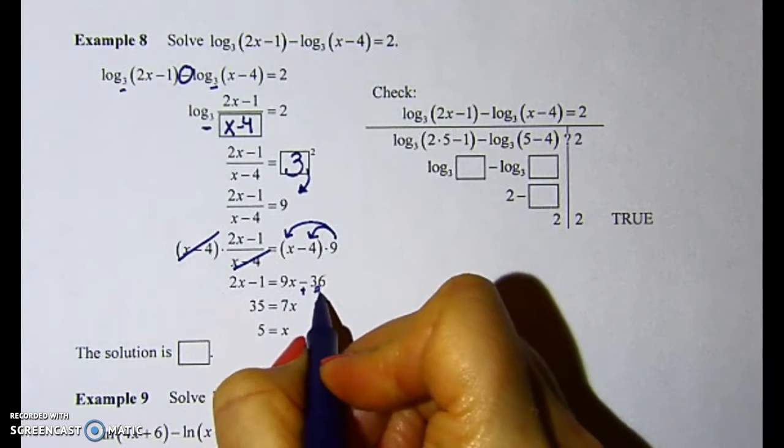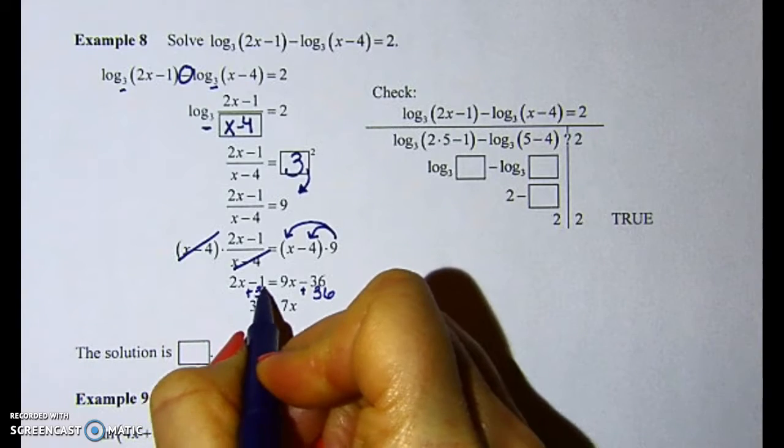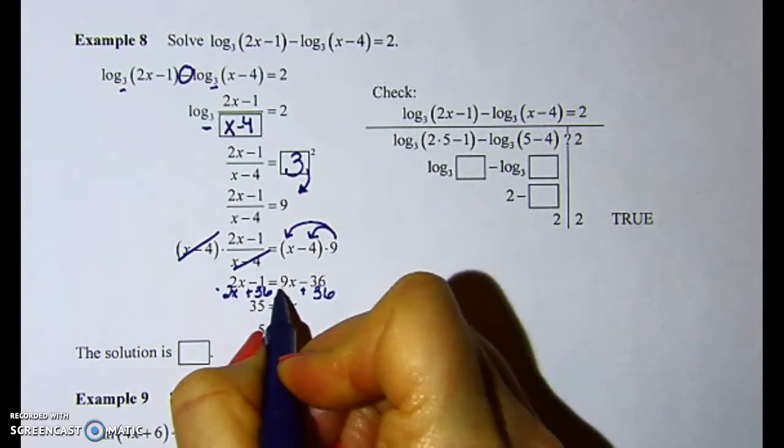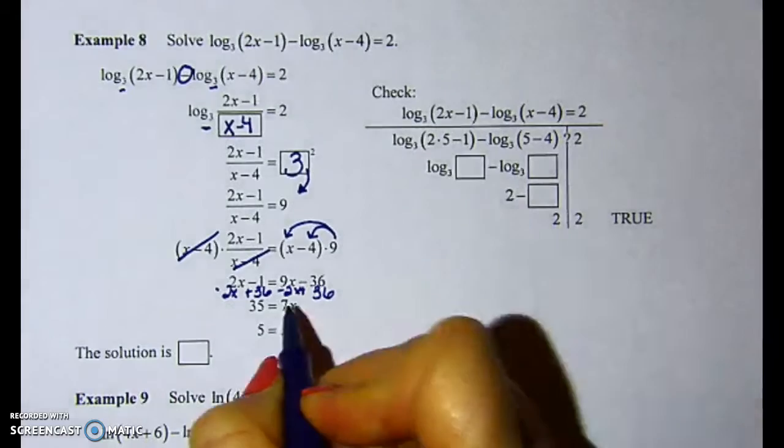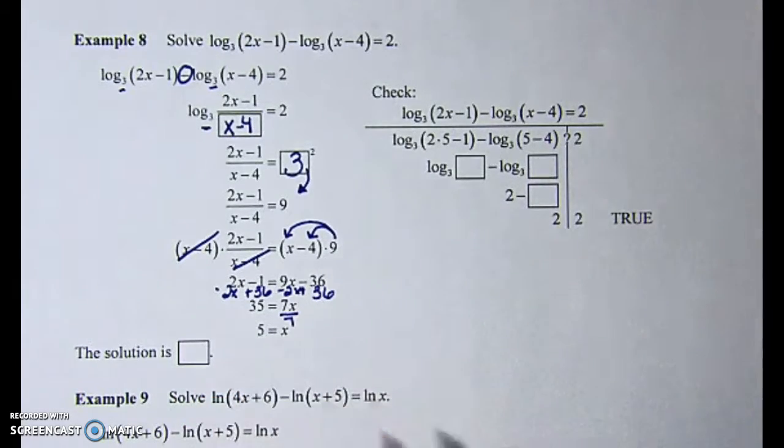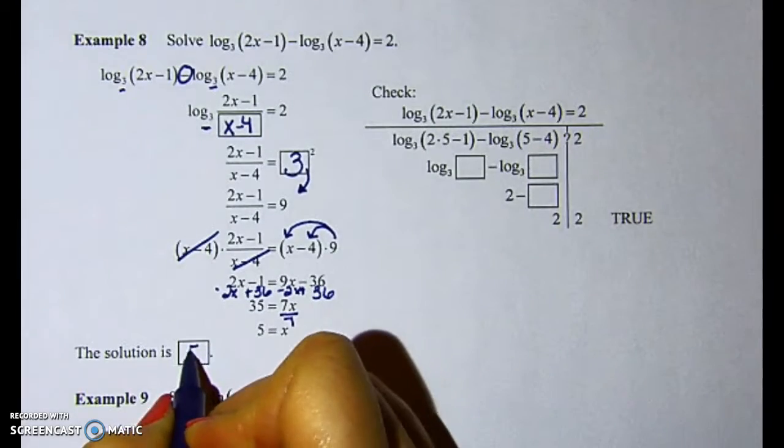I can combine some terms here, so I'll add 36 and subtract 2x, giving me 35 is equal to 7x. So when I divide by 7, I see that I get 5.